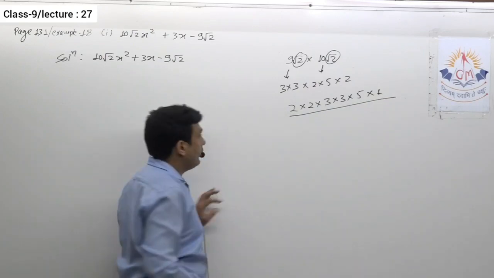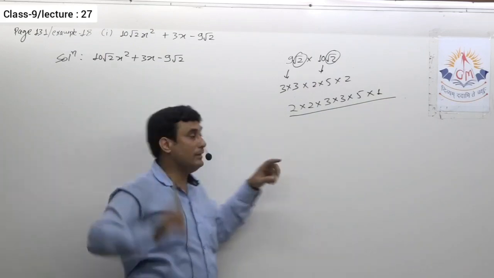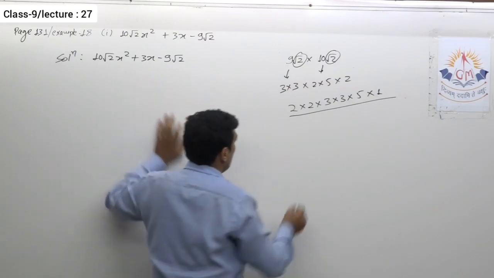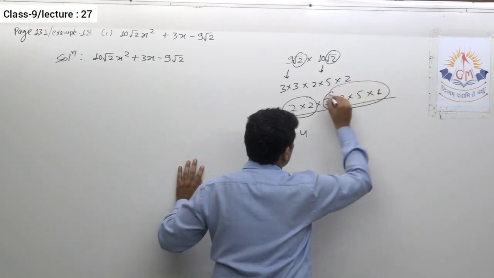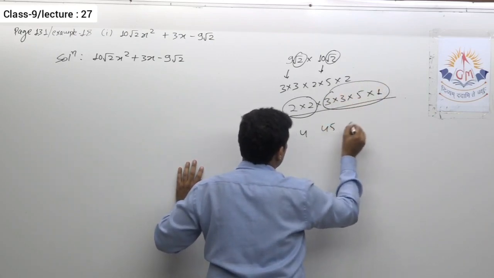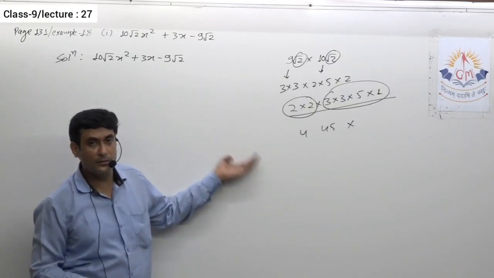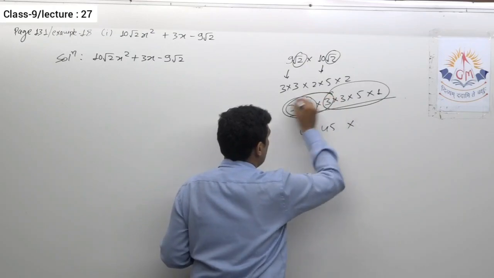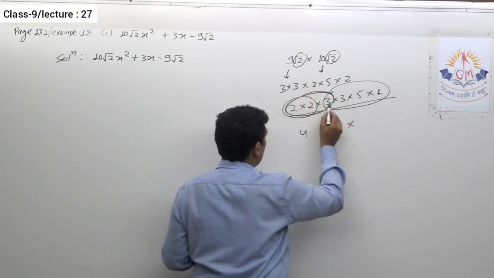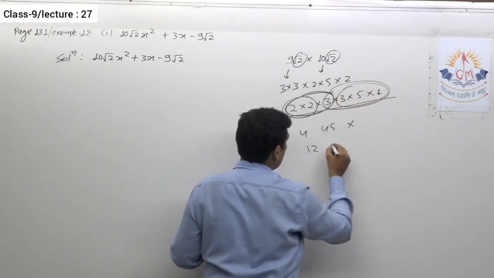Now from these factors I have to make two groups so that I will get the middle term, that is 3x. If I take these two together, that is 4, and the remaining all in another group, 45. But obviously it is incorrect because neither their sum nor their difference is going to give you 3. Let us take another: the first 3 in a single group, 12, and the remaining 3 in another, that is 15.